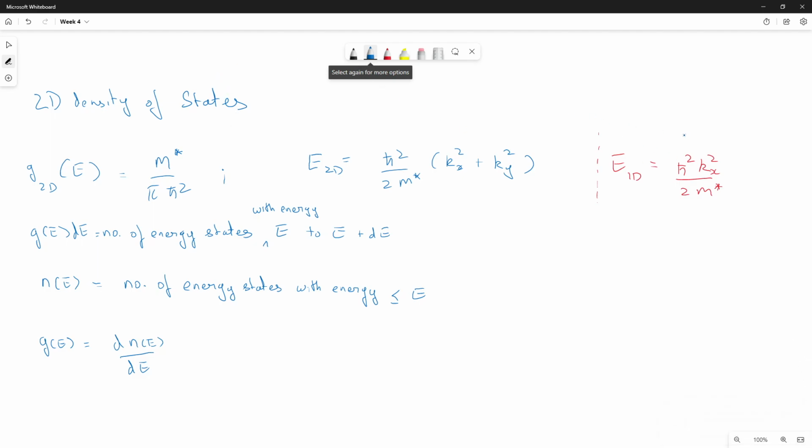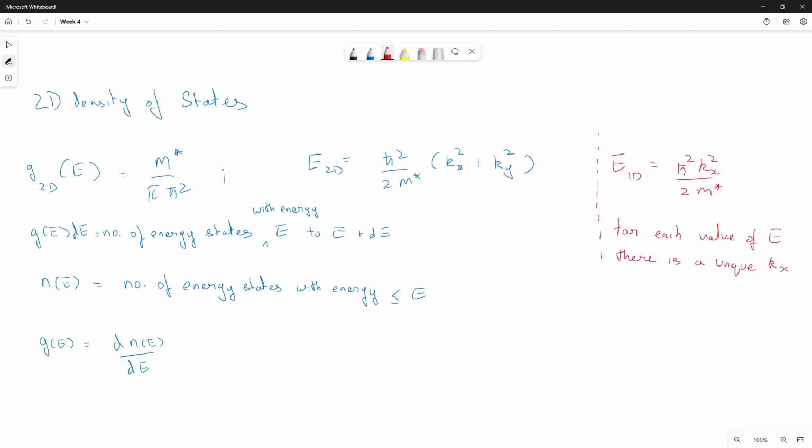All right, continuing. Here, what we can notice is that for the 1D case, for each value of energy there is a unique value of kx.